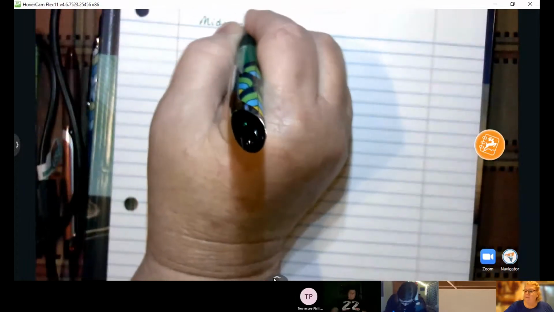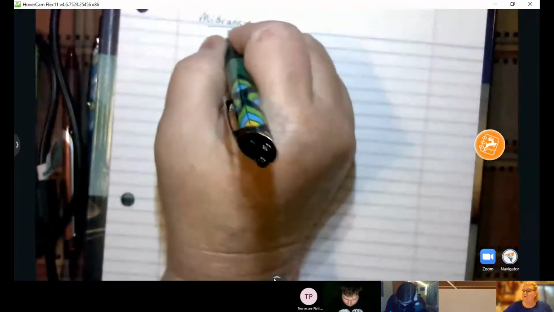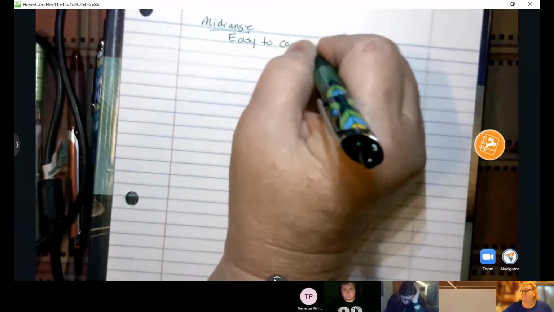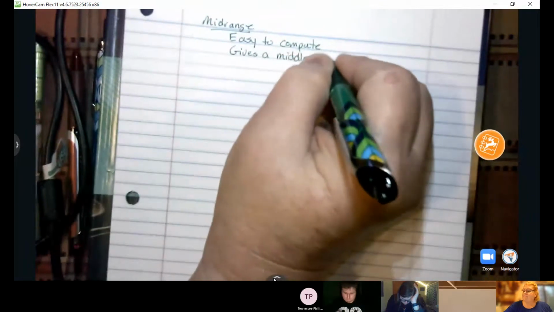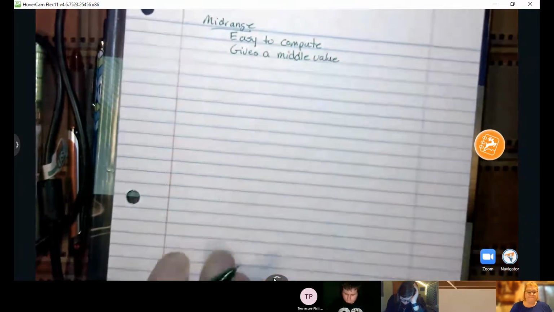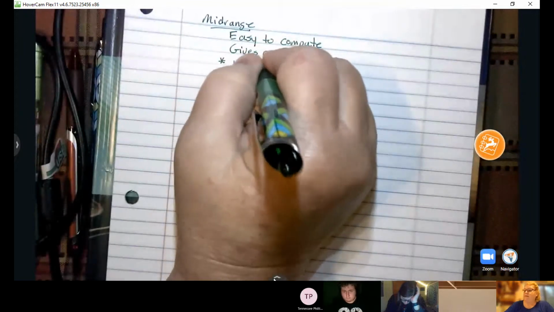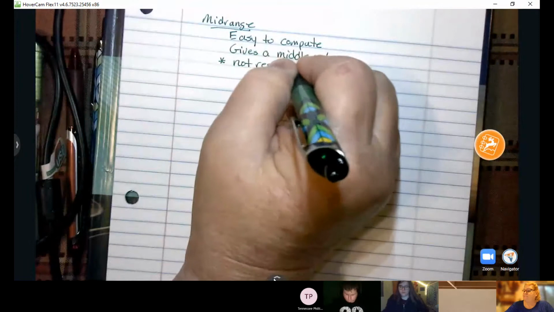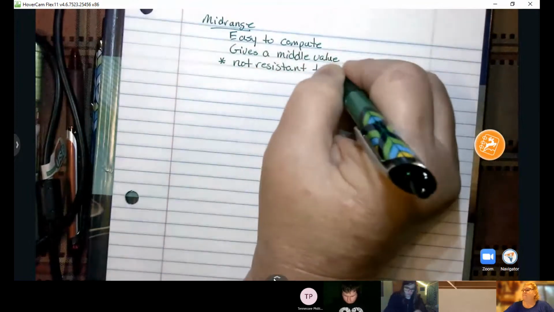And last, with the mid-range, it is easy to compute. It gives a middle value. It is not resistant to outliers.